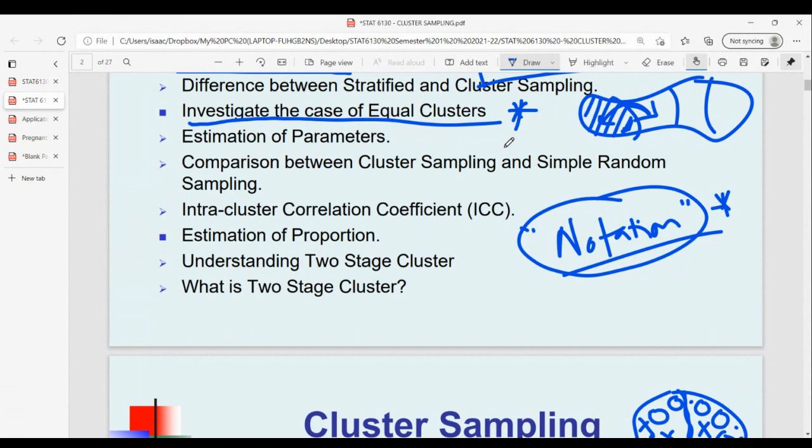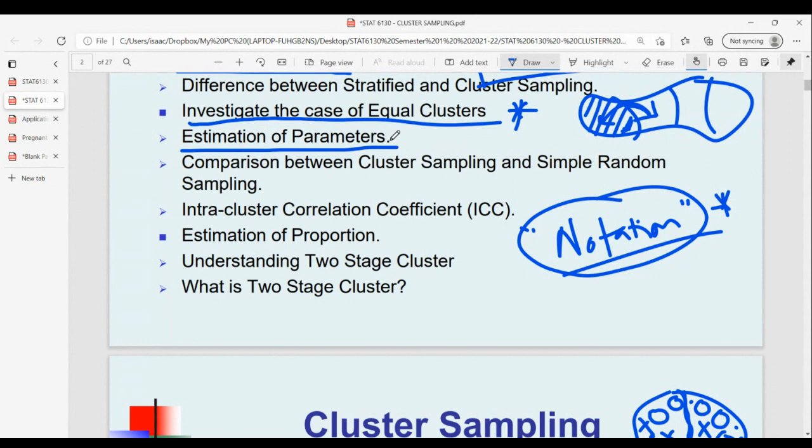So most of the times, I should say, these cluster sizes are not the same, right? So they vary. And what we need to do is we need to be able to estimate these parameters. And after we estimate the parameters, we would want to look at whether cluster sampling is as good as, say, simple random sampling, or is it worse than simple random sampling, and so on.